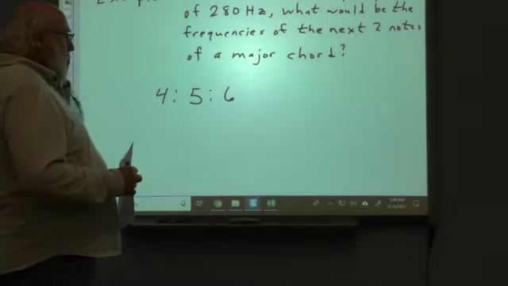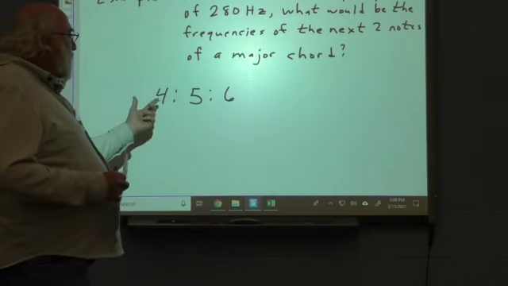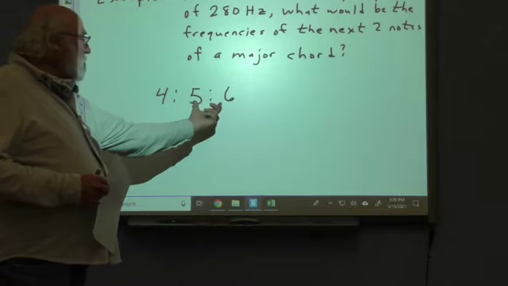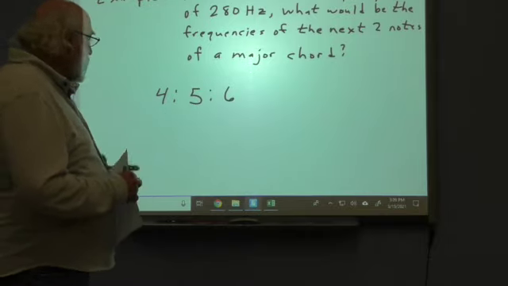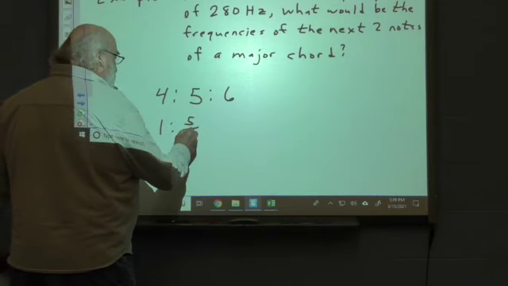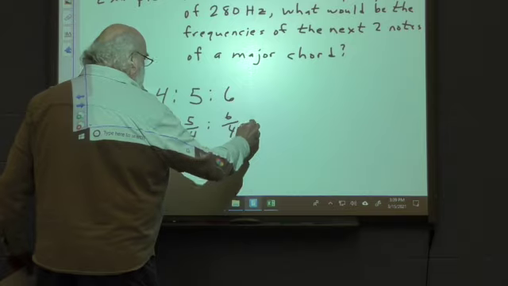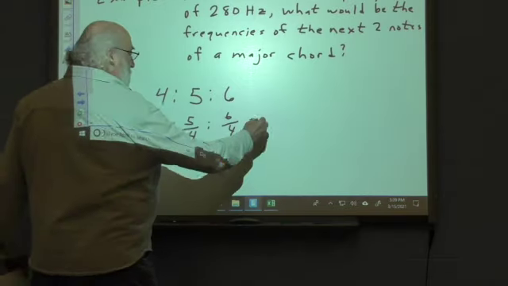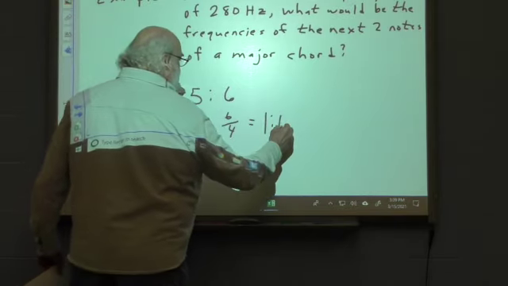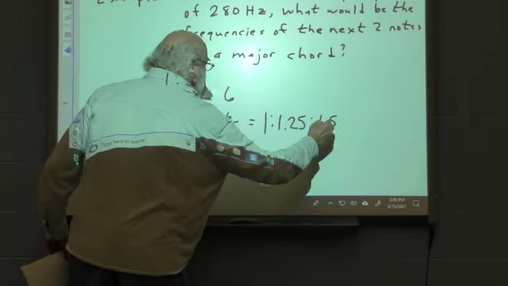And what we're going to do is divide 4 into each of these, including this right here. We get 1, then 5 fourths, 6 fourths. And this turns out to be, when you divide this out, 1 to 1.25 to 1.5.